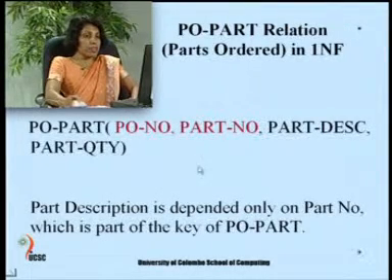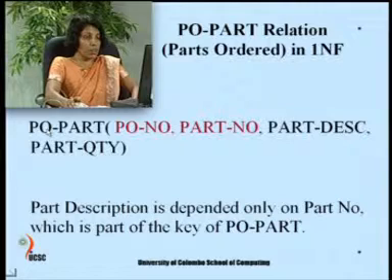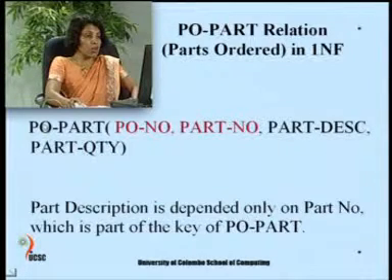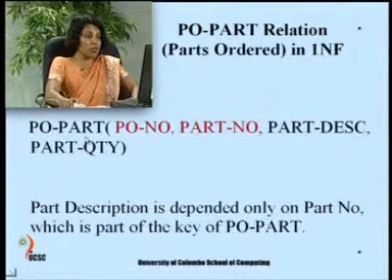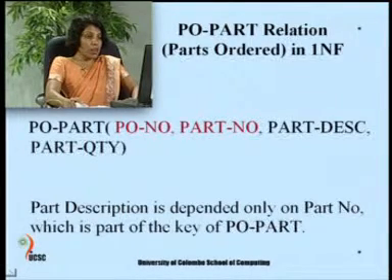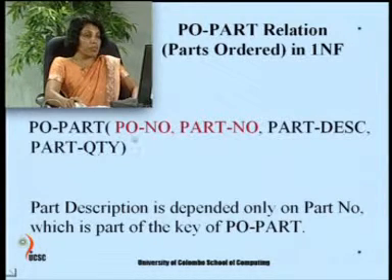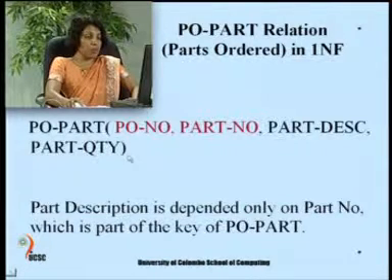So, we will analyze it against the example that we are illustrating. You know that we decomposed the original relation into two relations, and from that we got the purchase order part relation. You can see that it has these attributes: purchase order number, part description and part quantity.